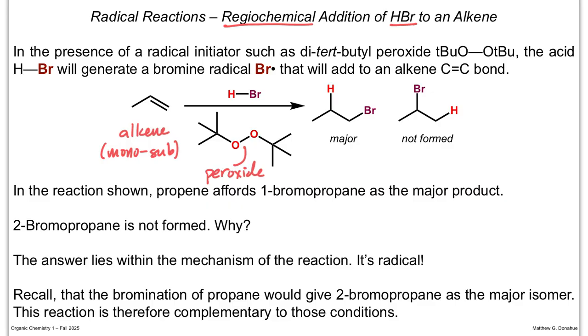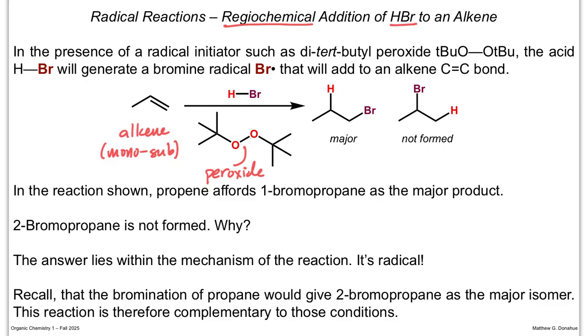So of the two possible products, they're related in the sense that they're constitutional isomers. But you can see that the H and the Br have added to different carbons of the alkene. And so that's what the word regio means: of the starting alkene, what carbon is getting which atom of that reagent?